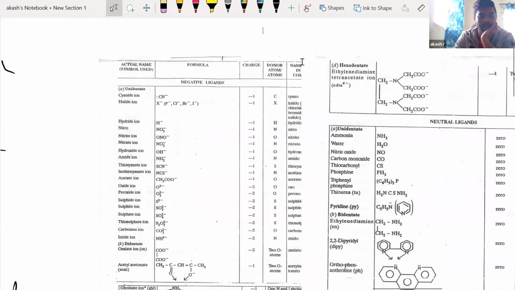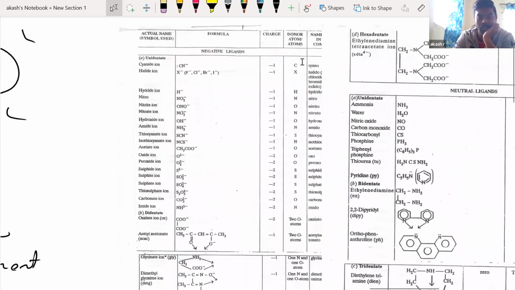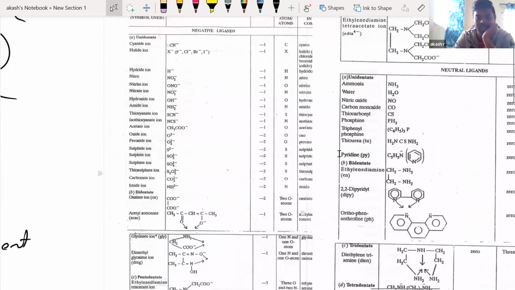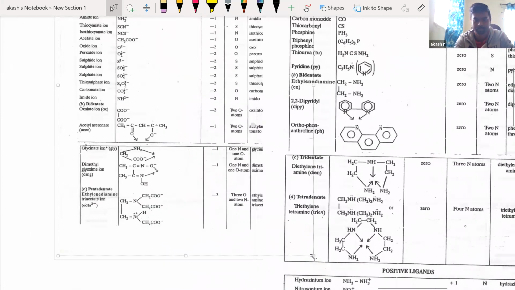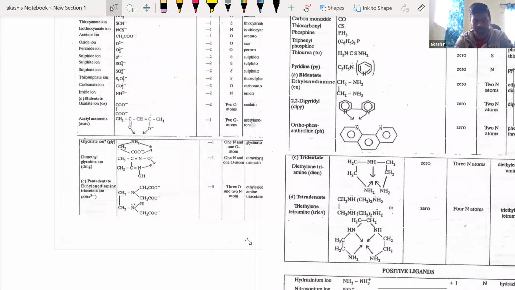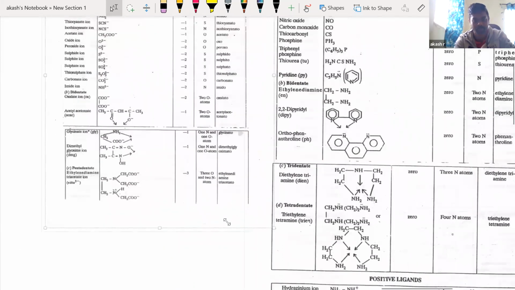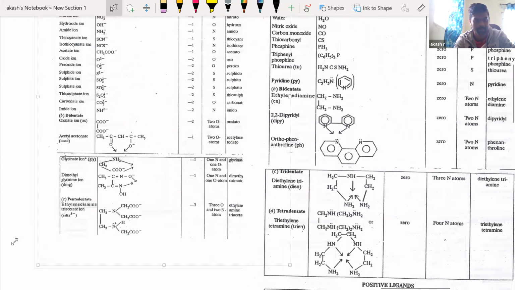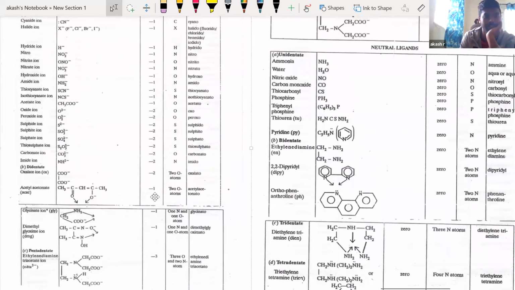And the names of the ligands are also there. You can just look into this.